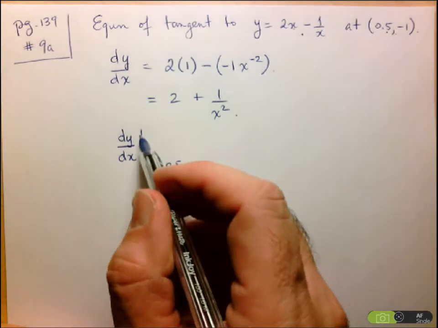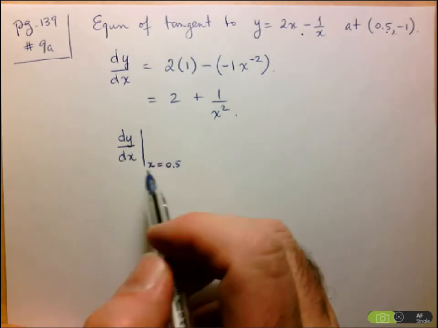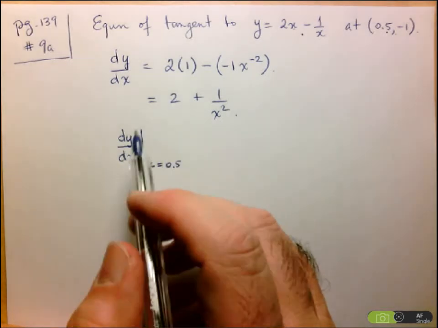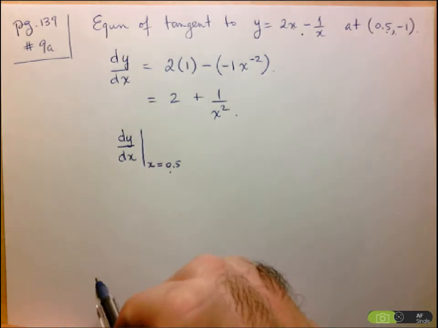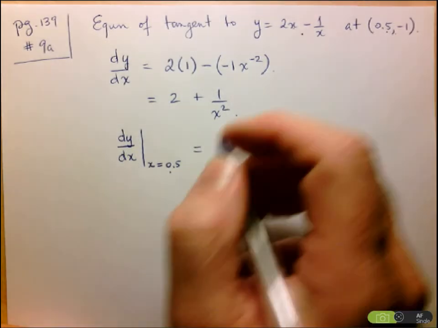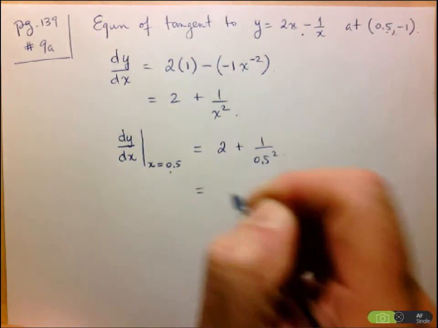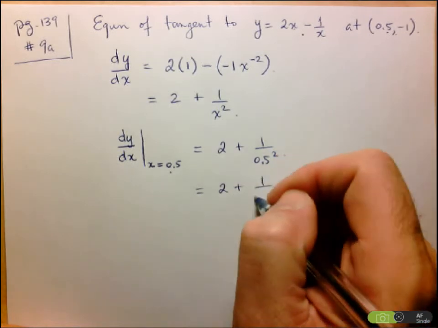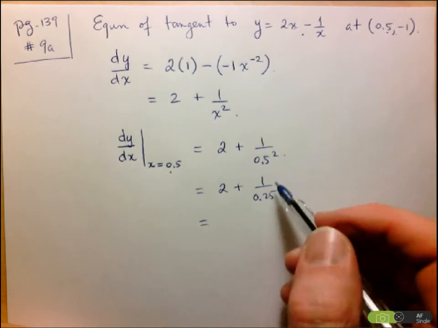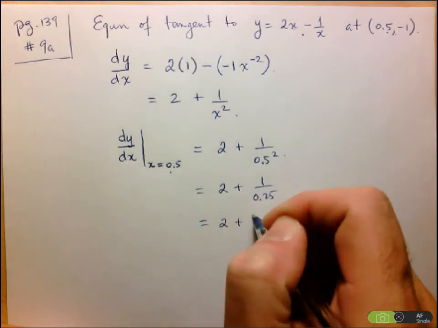So instead of using the bracket like we would with our functional notation, this is how I'm going to identify the derivative of this function with respect to x evaluated at 0.5. Here all we have to do is plug in 0.5 for x, and we're left with 2 plus 1 over 0.25, and this is like a quarter, so 1 divided by a quarter is the same as 1 times 4 over 1, so 2 plus 4.